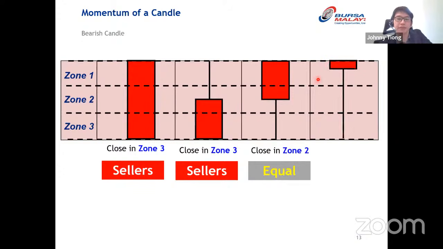For this candle, which zone does it close at? Zone 1, zone 2, or zone 3? We can see here it closed at zone 1. So what does it mean from this candle? Zone 1 means there's a lot of buyers in control.